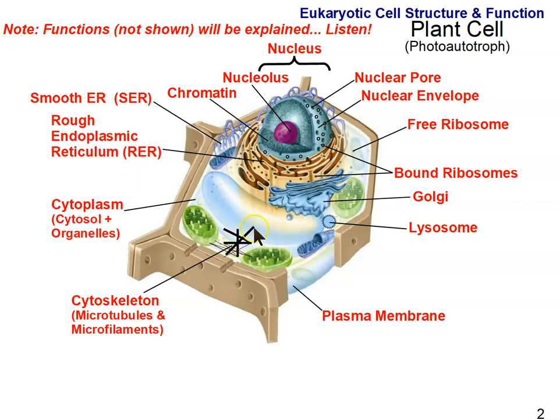So things can move from one place to another within the cell along the microtubules, kind of like a railroad system. And then there are microfilaments. These thinner lines are microfilaments. And they are contractile. They can actually contract like muscles can contract, because they're made out of a protein called actin, which is also one of the proteins in your muscle cells that are involved in contraction.